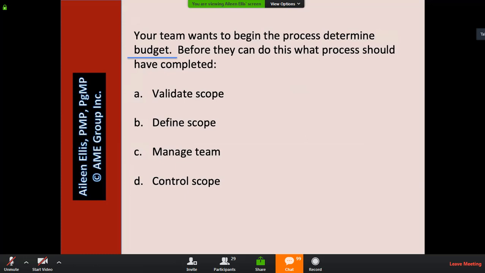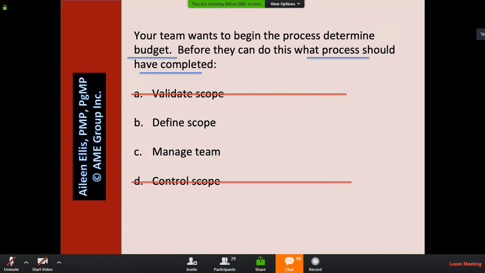So we want to begin determine budget. What should have already completed? A, validate scope is a monitoring and controlling process. That would come later. Define scope looks like a good answer.